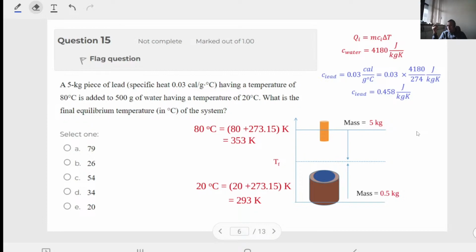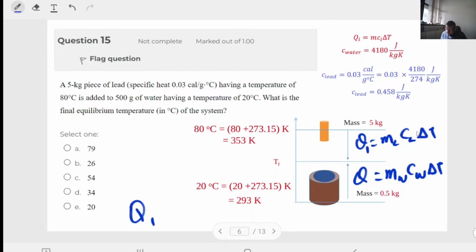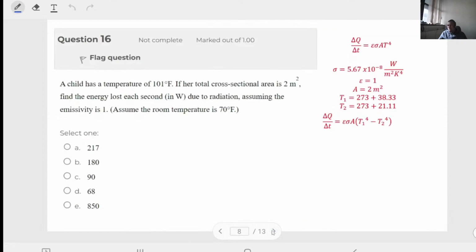Then use Q1 plus Q2 equals 0, where one Q is mass of the lead, C of the lead, delta T, and the other Q is mass of the water, C of the water, delta T. The only unknown in this equation is T final. Therefore, solve for T final. I'm basically done with this sort of equation here.